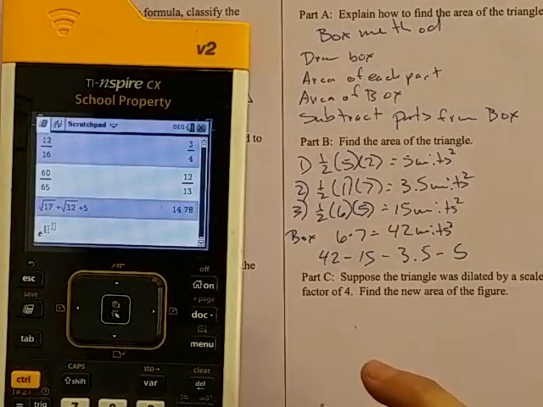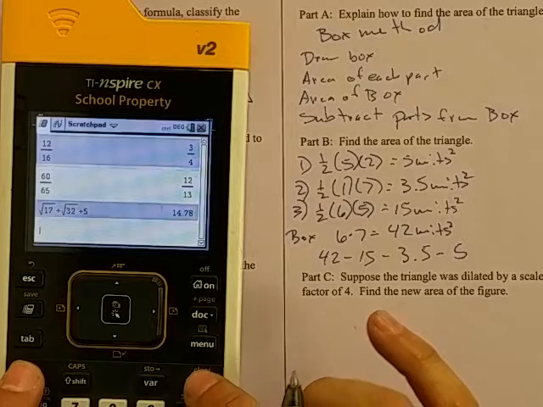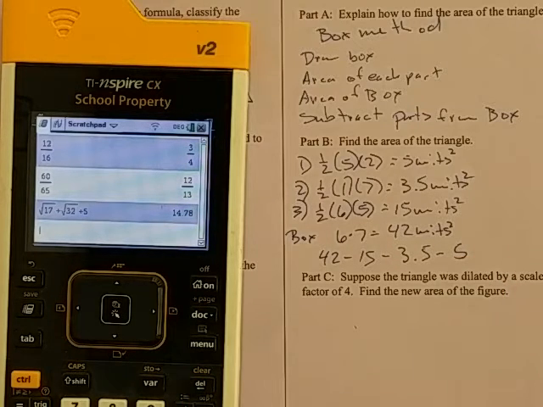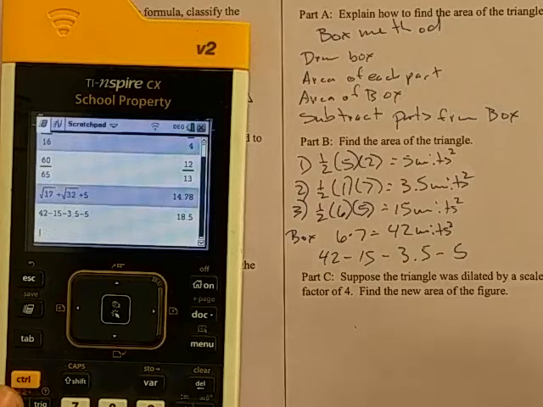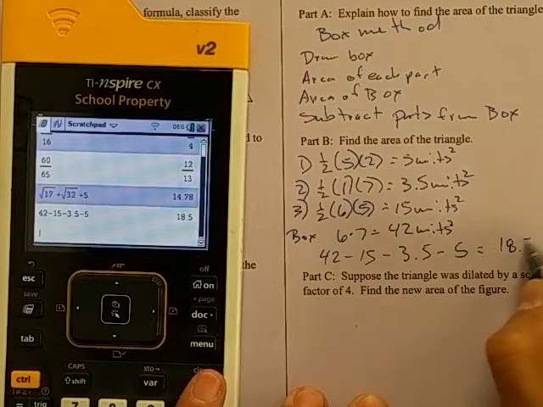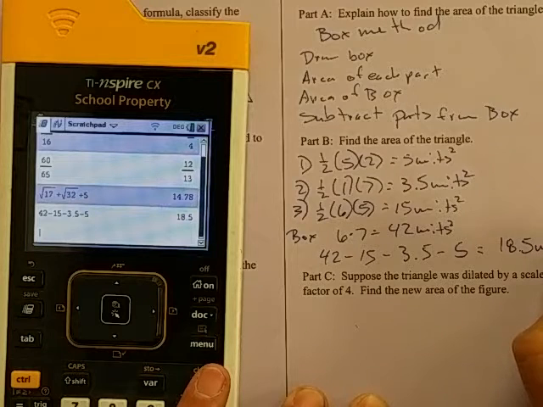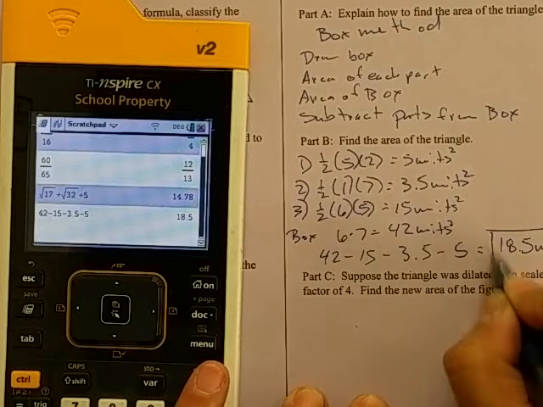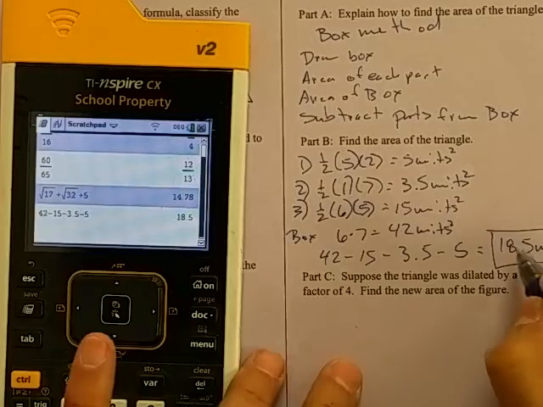Let me clear that. There we go. So it's 42 minus 15 minus 3.5 minus 5. And so my area is going to be 18.5 units squared. There we go.